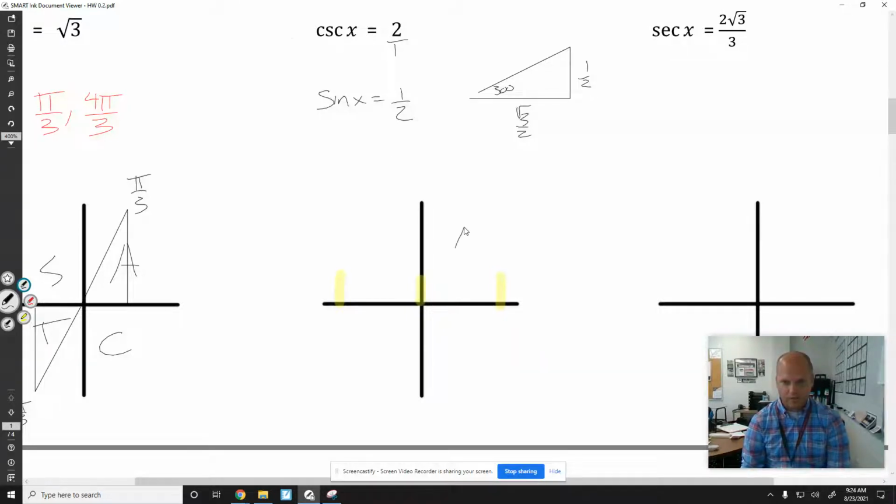Sine is positive in the first and the second quadrants. So I'm talking about this shorter 30-60-90 triangle, with pi over 6 located in the first and second quadrants. 1 pi over 6, 6 pi over 6, this is 5 pi over 6.